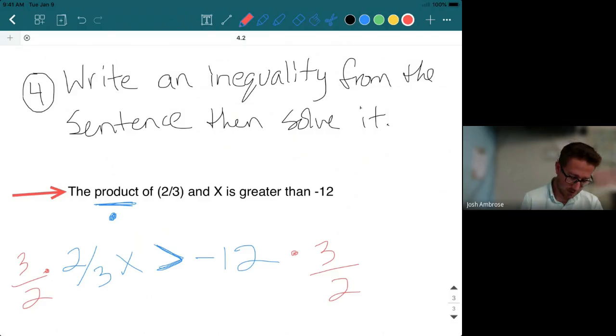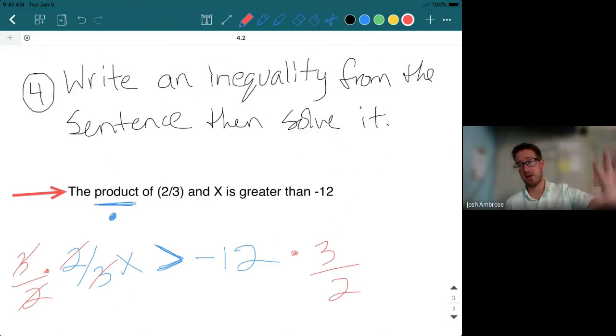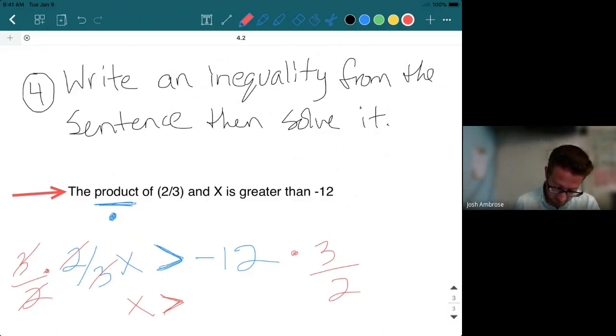By multiplying by the reciprocal, 3/2, that crossed out that whole fraction on the left, isolating the variable x. Notice it was a positive 2/3, so I do not have to flip the inequality sign. Also, notice that the order is correct. It's going to go variable, inequality, and now we have our number. Put that -12/1. Multiply straight across, okay?